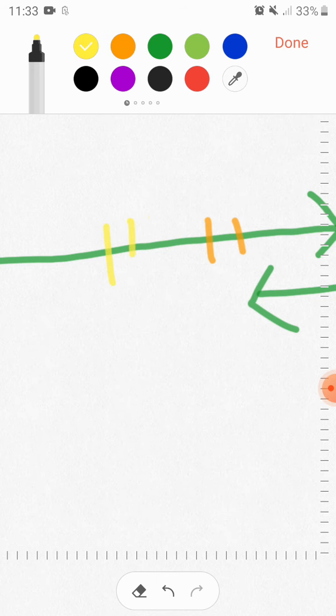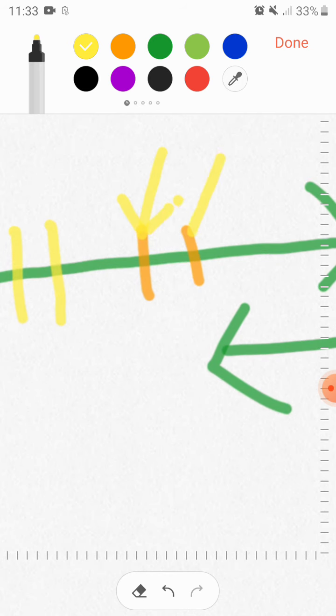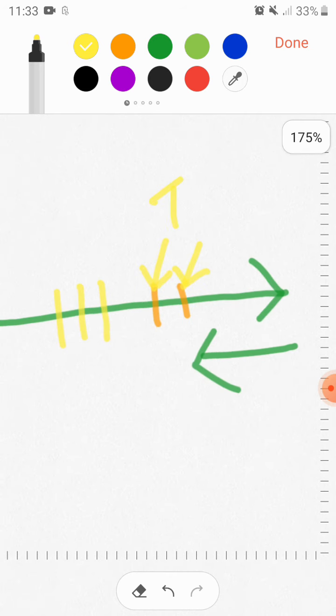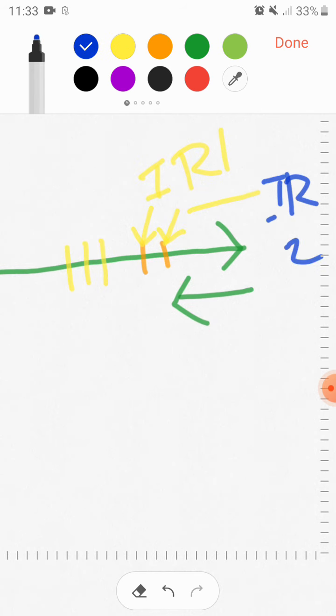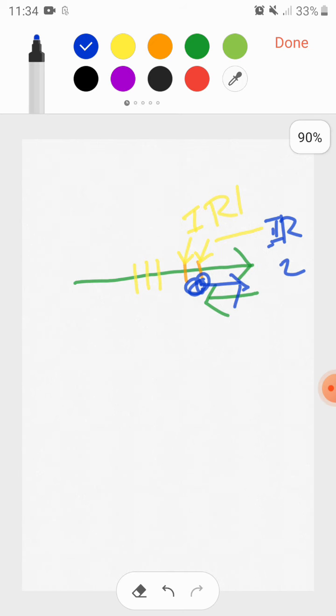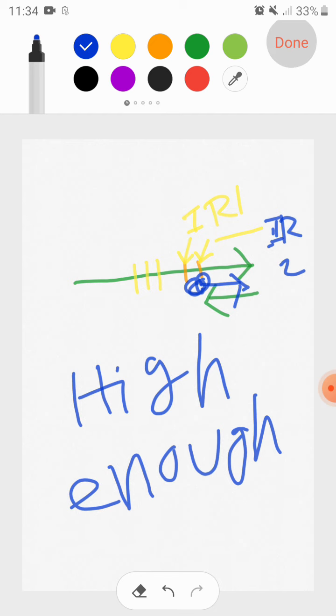For example, these yellow colors are the iteron sequences, and these two are inverted repeats, IR1 and IR2. They bind with these sequences, and they down regulate their own production when the plasmid copy number is high enough.